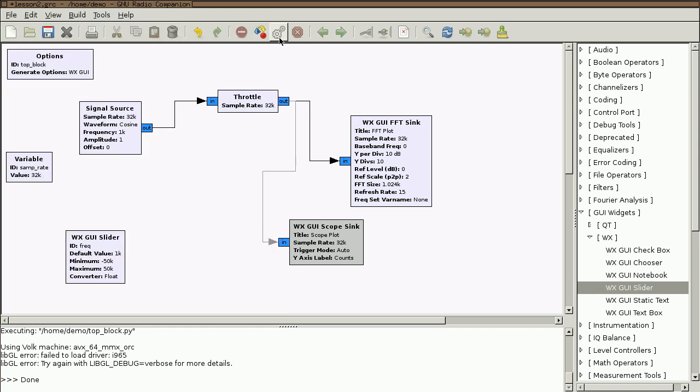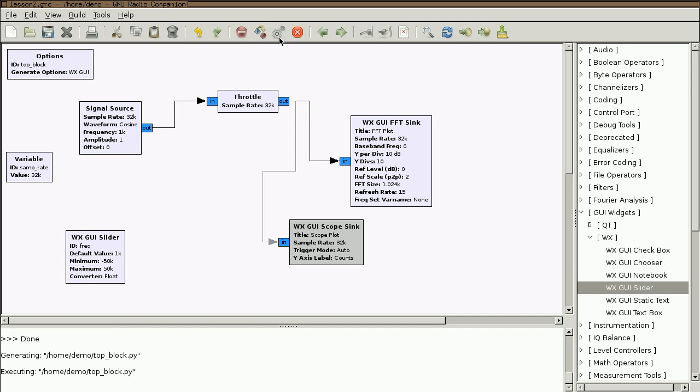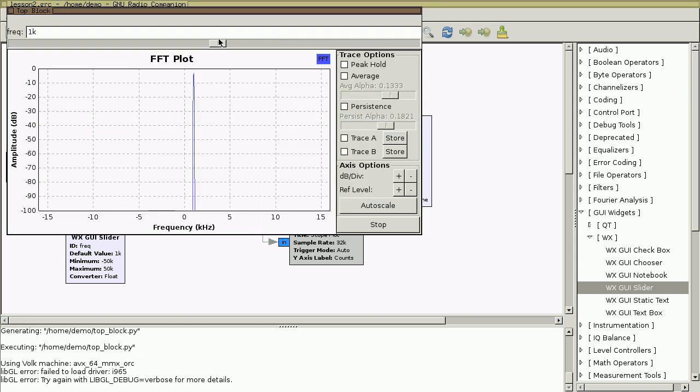Now, if I execute this flow graph, it should start up exactly the same way. And I can move my slider to the right, and we should see the Atari effect. There we go. If I move my slider to the left, we wrap back around. And now we're in the normal region, perhaps. And if I go past 0, hey, look at that.